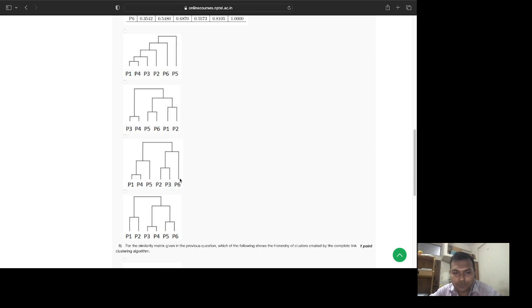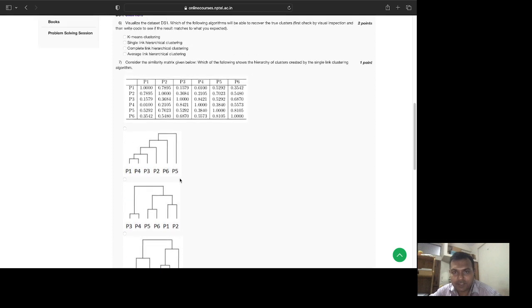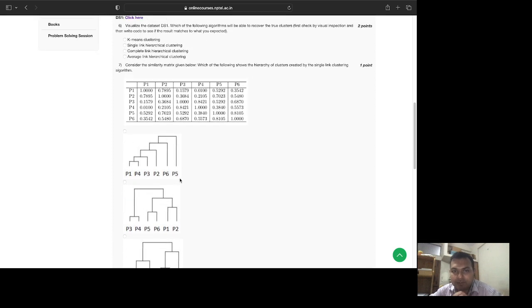If you do that itself, you will get the answer. Just by looking at the similarity matrix, you need to find the two points which are most similar to each other and merge them first, because that is the way this entire clustering algorithm works.